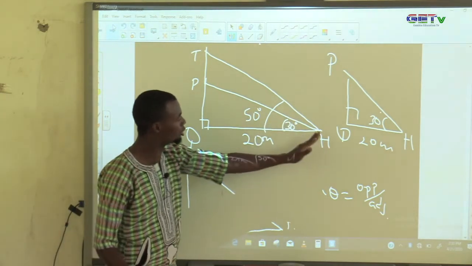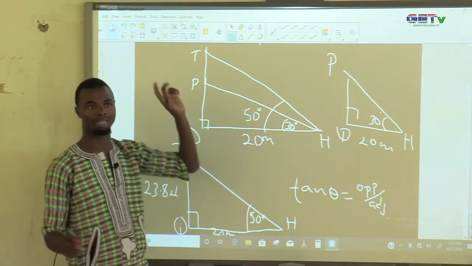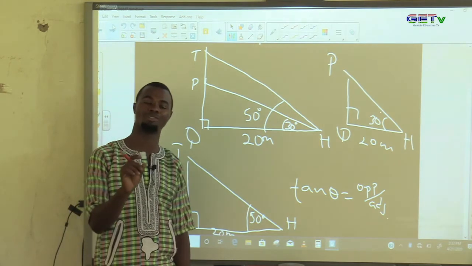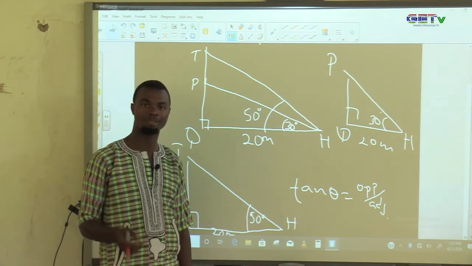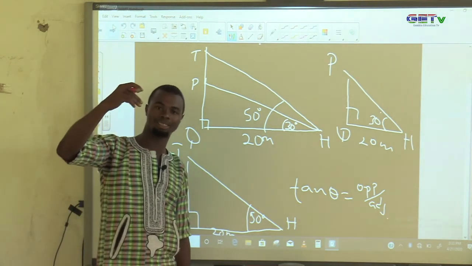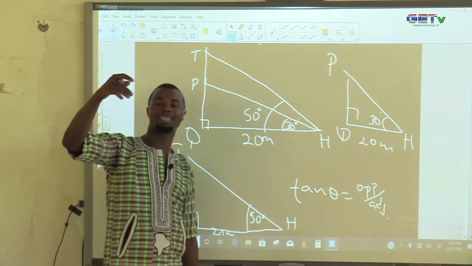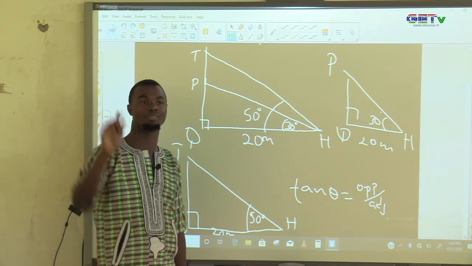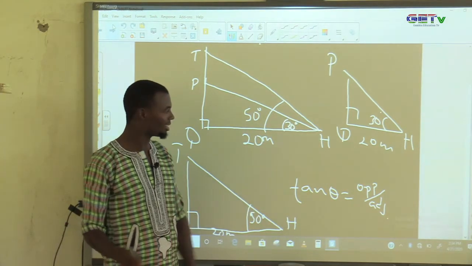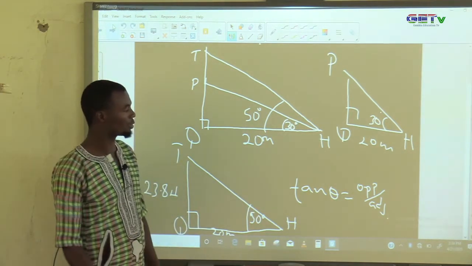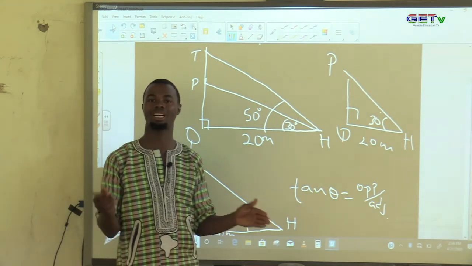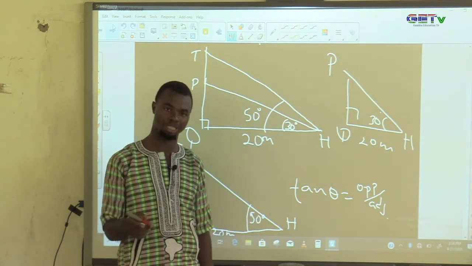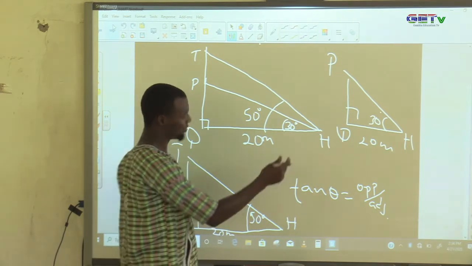Now the angle of elevation there is 50, meaning the angle of depression from the top of the tower to position H is 50. At which position will we have H if the angle of depression is to be 40 degrees?